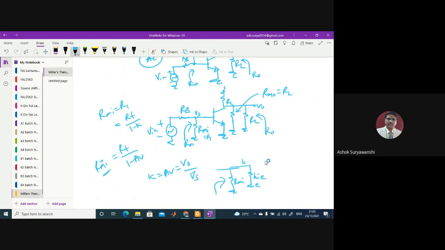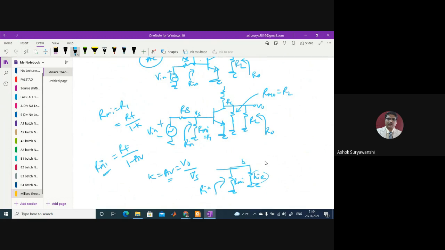So now we can find Ri. Ri or Rin will be RMI parallel to hie. hie is given in the data sheet of the transistor, and RMI you can calculate from the voltage gain and the value of the feedback resistance. This is how you can simplify this and find Rin. But if RF is there between input and output, you can't find it like this.